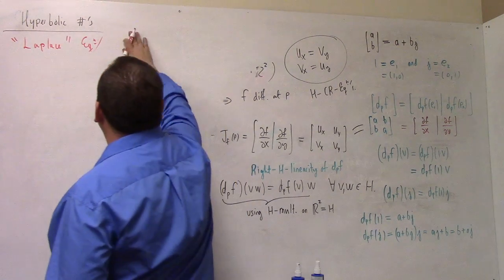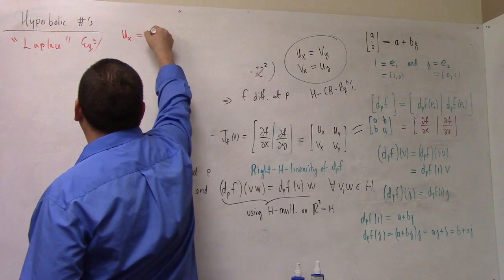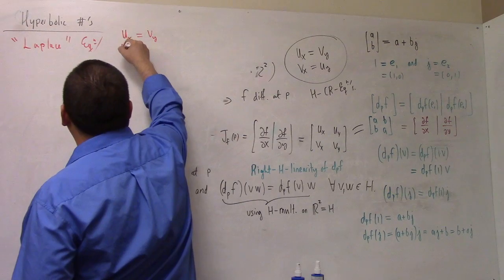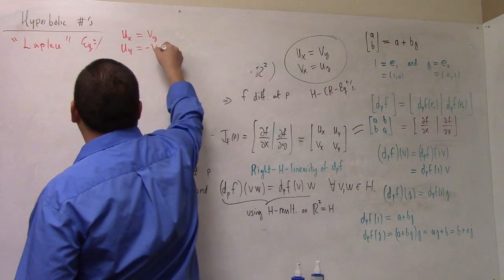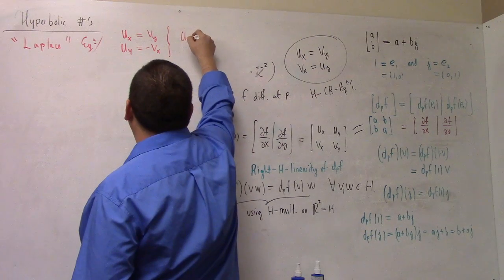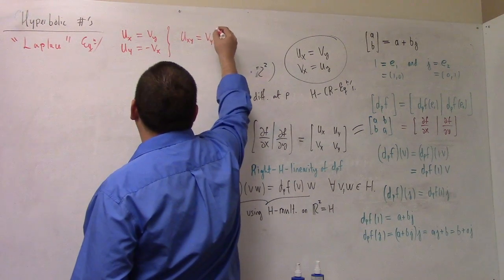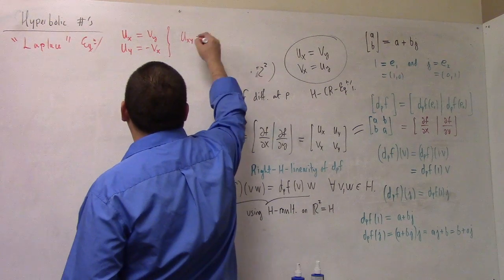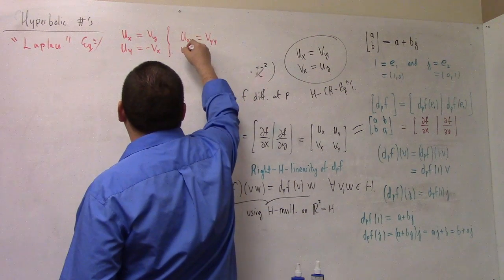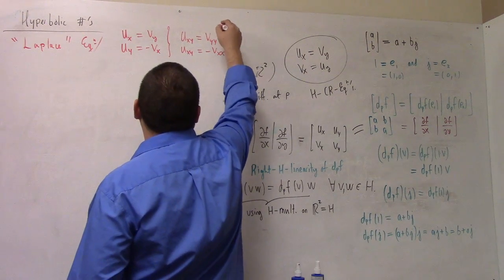Okay. So the thing we went through last time is that the usual CR equations are ux equals vy, and uy equals minus vx, right? So if you put these together, you get uxy equal to vyy, but we also get uxy equals minus vxx.